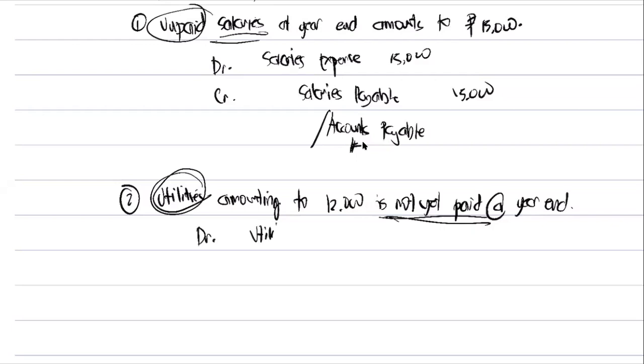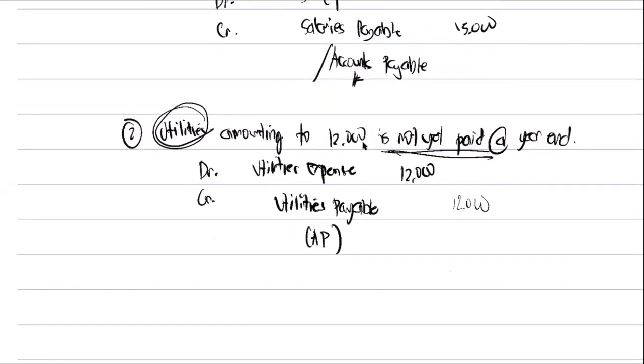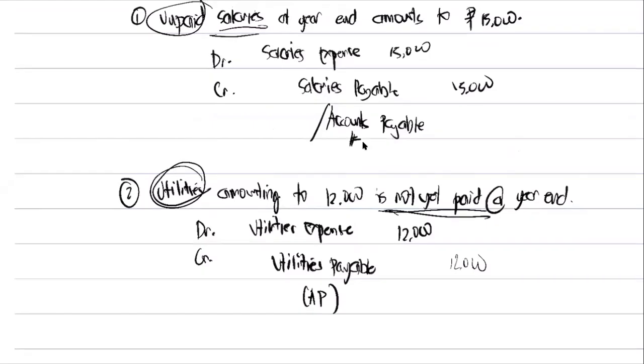So we debit utilities expense. And then we credit utilities payable. Okay, so 12,000. Again, if there is no utilities payable, you can use accounts payable instead of utilities payable. So madali lang tong accrued expense. You just debit expense and you credit payable.